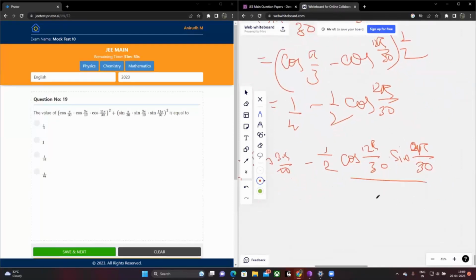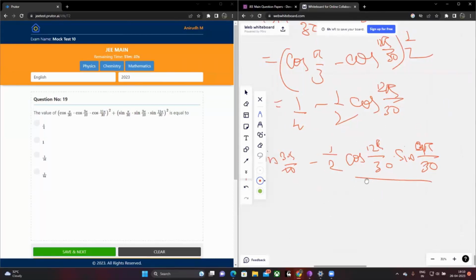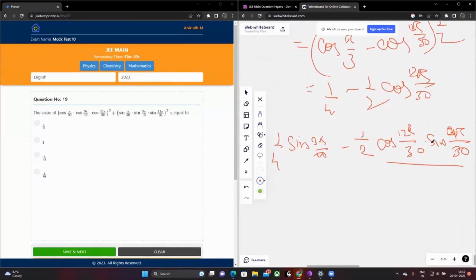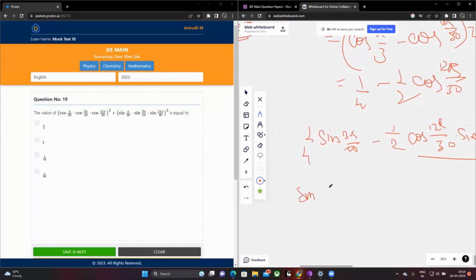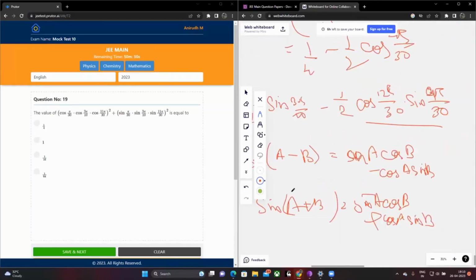And cos a sin b is basically sin of a plus b plus sin of a minus b, adding these you get 2 cos a sin b, right? So I have to subtract.